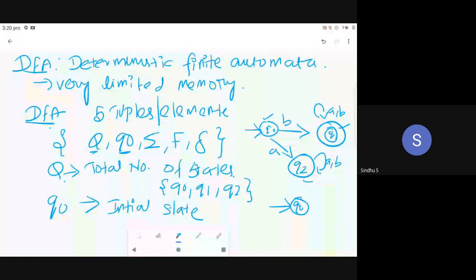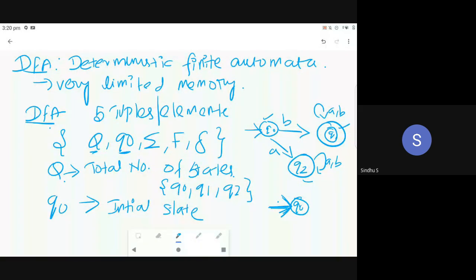So whenever you are going to represent your initial state, that particular state should have an inward arrow towards it, that is an incoming edge, without the representation of a symbol. Apart from this state, all other states have symbol representation and also have incoming as well as outward edges. Fine. So this is the initial state.